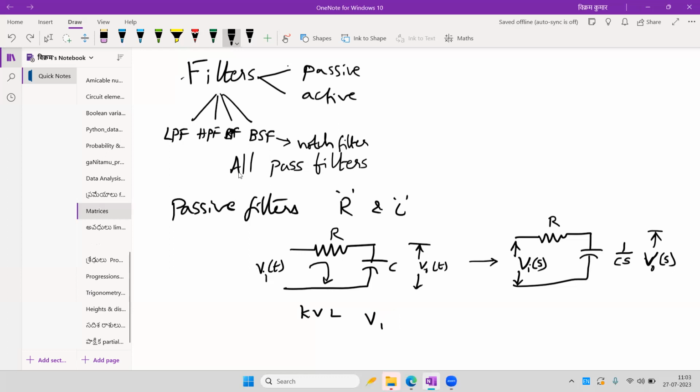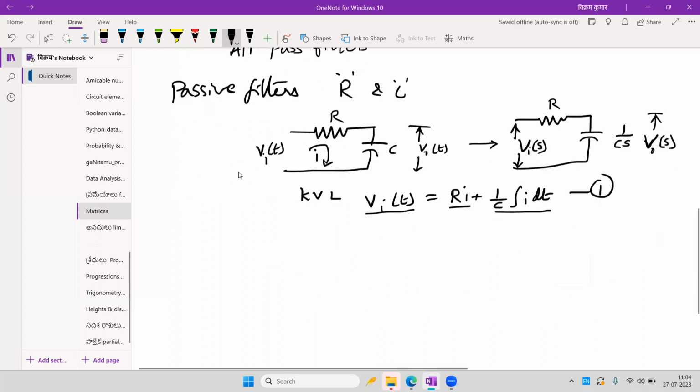So Vi of t is equal to, assuming the current passing is i, Ri plus 1 by C integral i dt. If you have any doubts here, you ask me. Let us call this equation 1. Simply what we are saying is voltage rise is equal to the sum of the voltage drops. For example, if you come from here to here, there is a voltage rise.